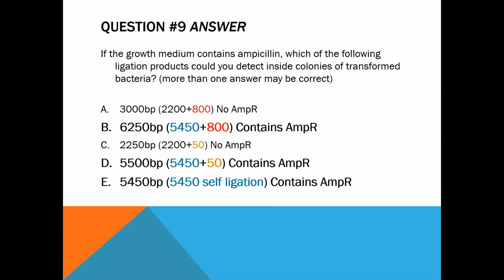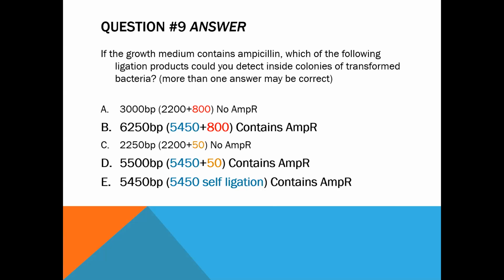One of them is that you inserted the 800 base pair miraculin gene. That's B. Then there's D, that is the 50 base pair got put back in. And then E is saying that the 50 base pair didn't go back in and it just resealed itself completely.